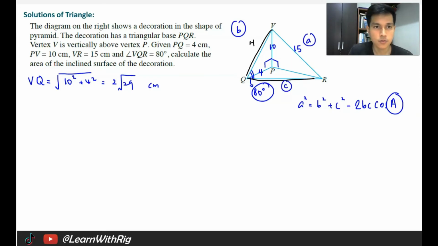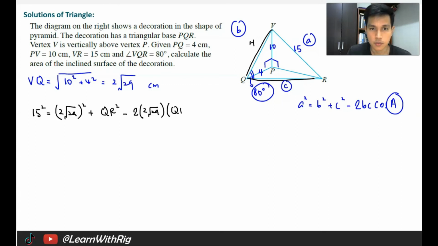Okay, so you can rewrite this: 15 square equals to B square. What is B? B is 2 root 29 square plus C square, which is what you're looking for, so it's QR square, minus 2BC, 2B and C, which is QR again, cos 80 degrees.